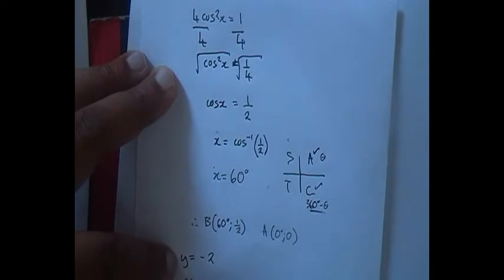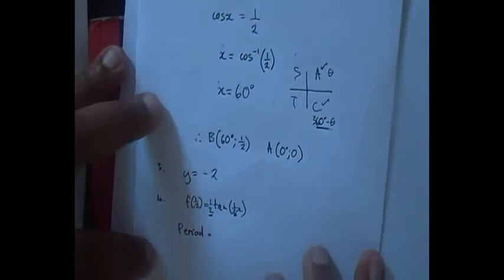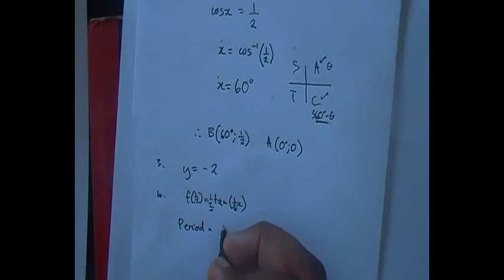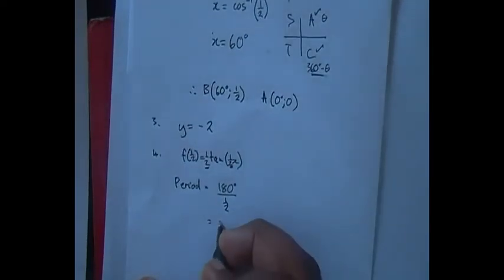Whenever you want to find the period of a function given this number here, which we normally call k, you take the period of the tan that we already know, which is 180, divided by that half, and the new period is going to be 360 degrees if you work it out on your calculator.